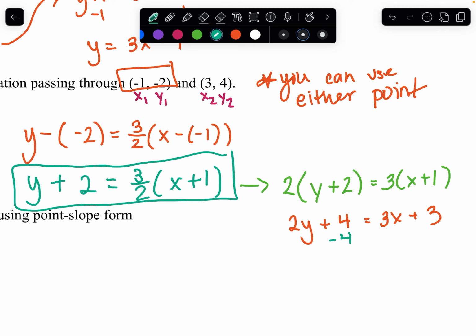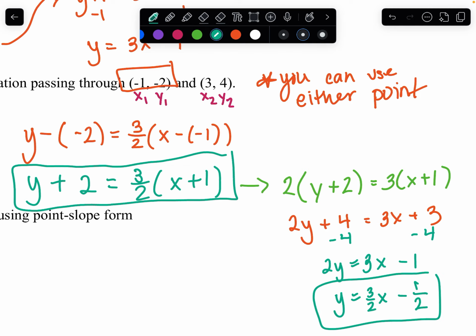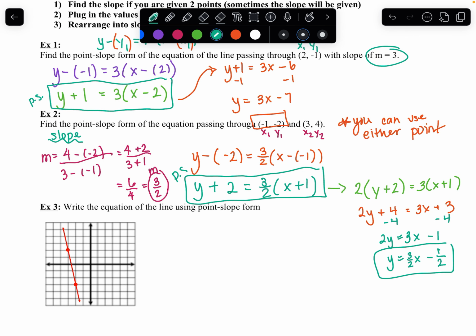Subtracting 4 from both sides gives us 2y equals 3x minus 1. Dividing everything by 2 would give us y equals 3/2 x minus 1/2. So this again is our point slope form, and this is our slope intercept form.